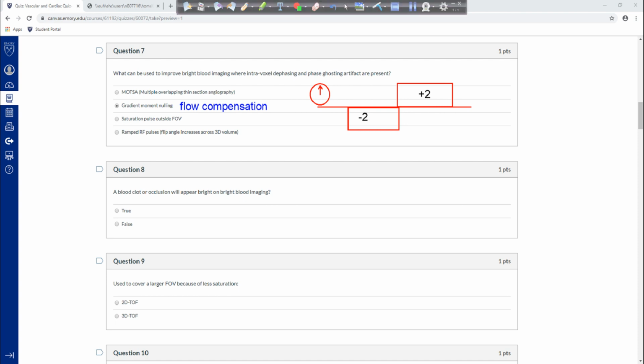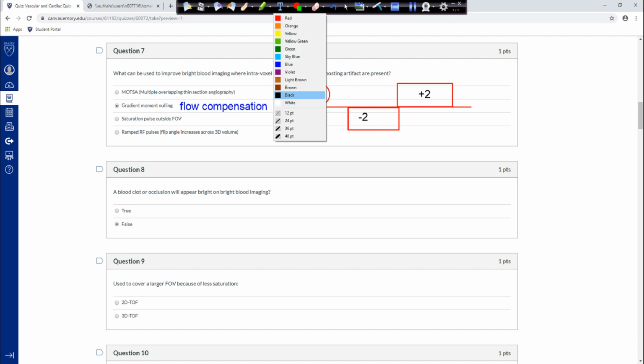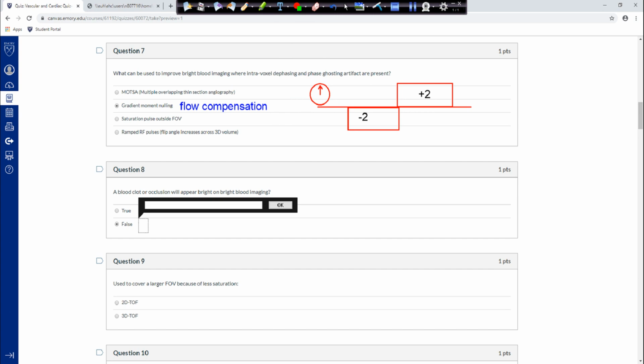All right, number 8, a blood clot or occlusion will appear bright on bright blood imaging. False. And that is due to saturation. It's going to appear dark.